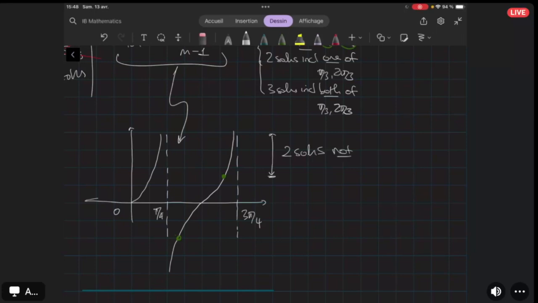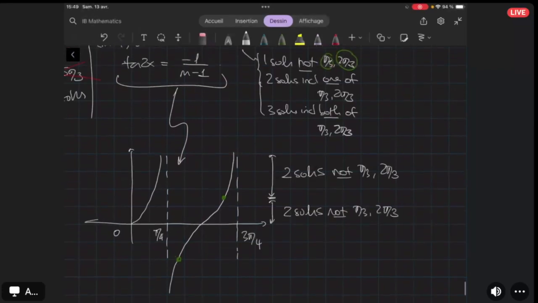That's not pi over 3 or 2 pi over 3. If you're between this point and that point, you also have 2 solutions, not pi over 3 or 2 pi over 3. That's not good. If you're at this point, you have 2 solutions, including 2 pi over 3.